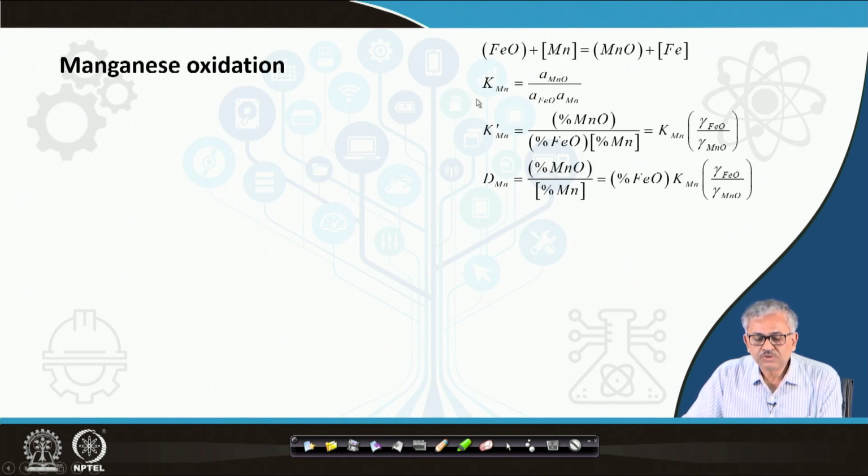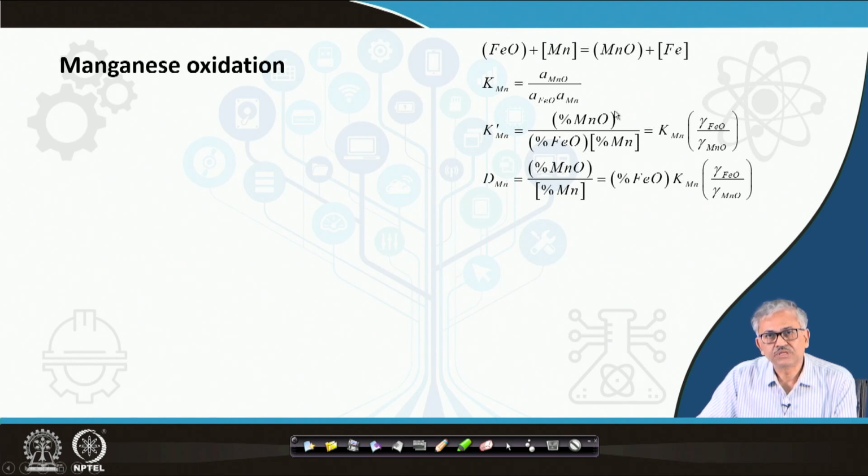Then you can write the KMn, that is your equilibrium constant, in this activity correlation like this, and then you can write KMn prime, that is called the equilibrium quotient. When I write it in terms of weight percentage, percentage of MnO by percentage of FeO by percentage of Mn, considering the activity coefficient equal to 1, and also the mole fraction converted to the percentage of MnO and of FeO, these are only a constant relation.